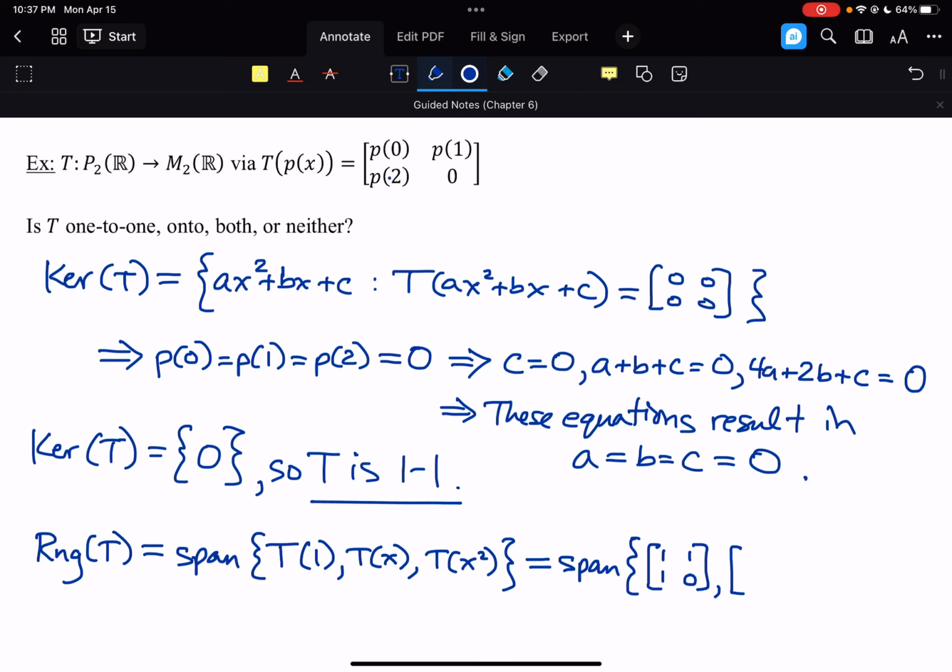Plug in 1, 1. Plug in 2, 2. So 0, 0, 1, 2, 0. And for x squared, if we run that through the transformation, we get 0 squared is 0, 1 squared is 1, 2 squared is 4. So 0, 1, 4, 0.